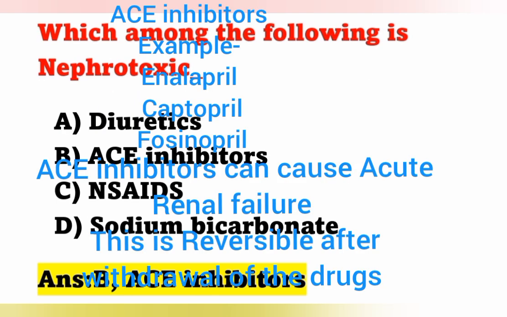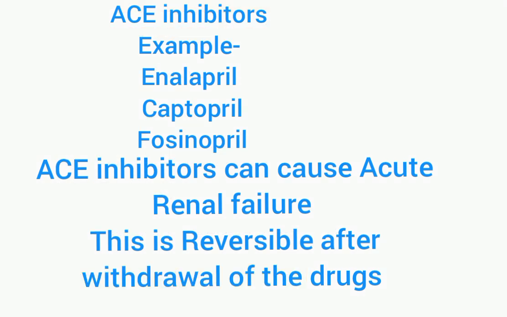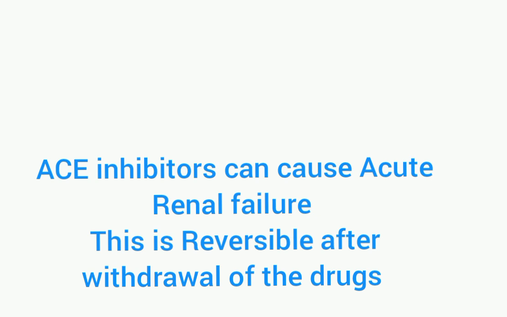ACE inhibitors means angiotensin converting enzyme inhibitors. Some examples are enalapril, captopril, fosinopril. This medication can cause acute renal failure. So the drug which is toxic to kidney is ACE inhibitors.